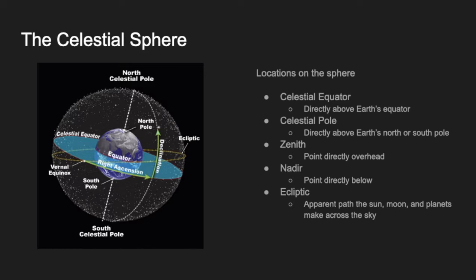They move, if not directly on the ecliptic, they stay pretty close to it. Technically, the ecliptic is the apparent path of the sun. It's the only one that stays exactly on that path. The other objects are very, very close to it at all times. We will look at the ecliptic a bit more.